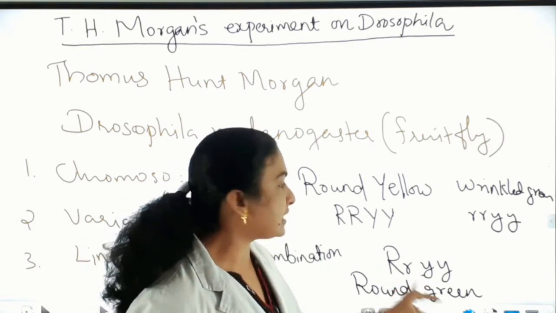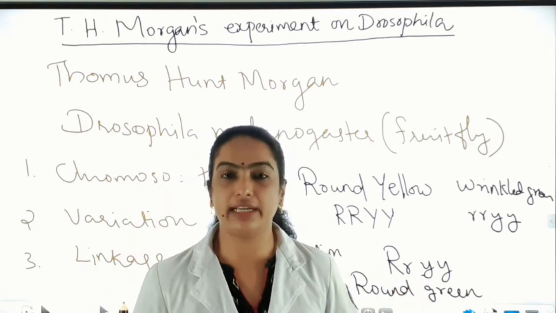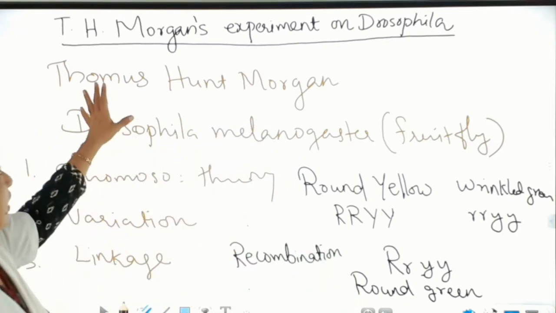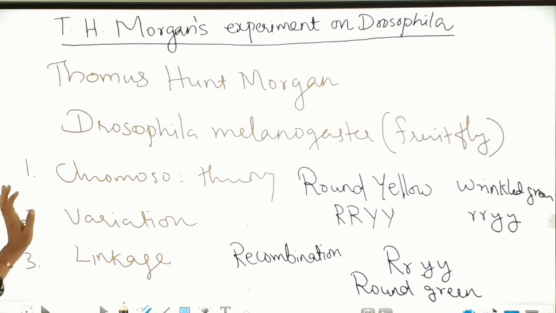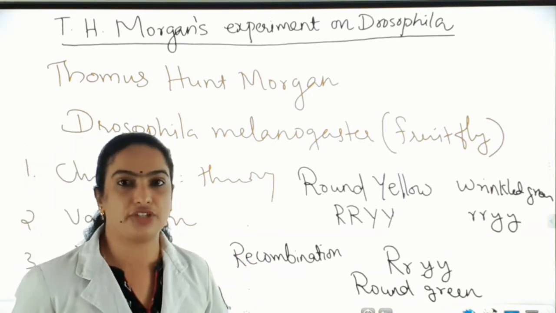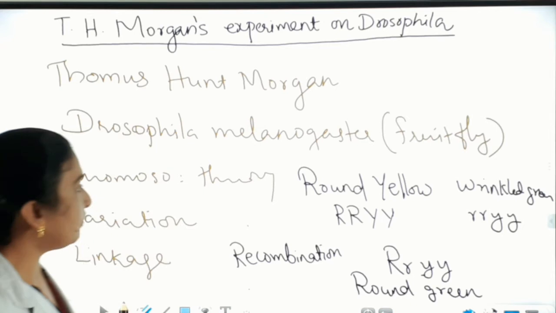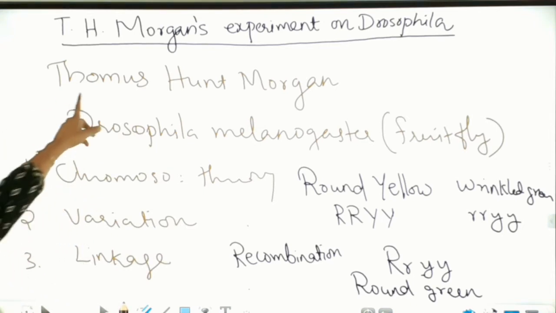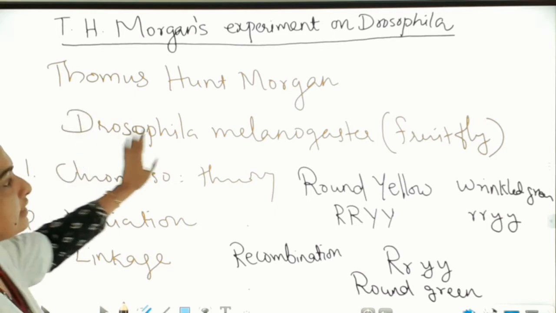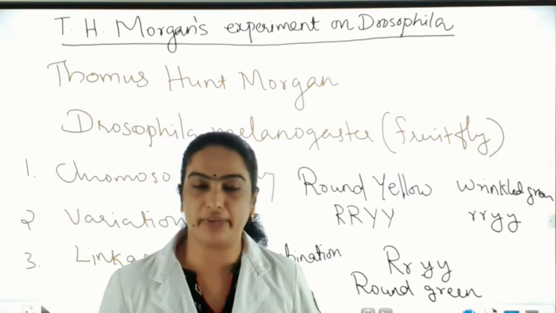So these are recombinant genes. Is it clear about linkage and recombination? So T.H. Morgan, in his experiment, gave experimental verification for linkage and crossing over, or recombination. Is it clear?